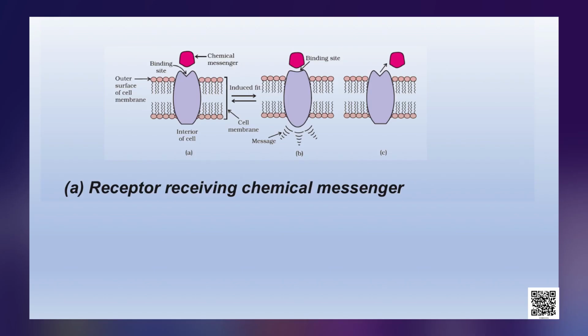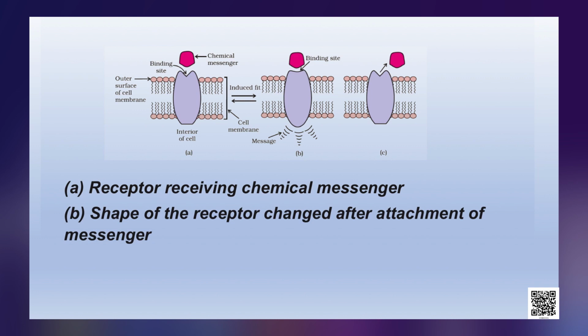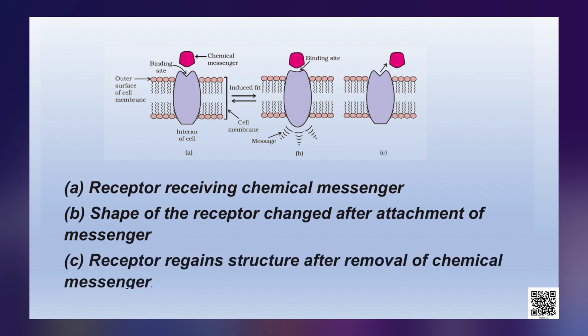You can see in figure A that the receptor is receiving the chemical messenger. In figure B, you can see that the shape of the receptor gets changed after it receives the message. And in figure C, you can see that the receptor regains its structure after the messenger is removed.